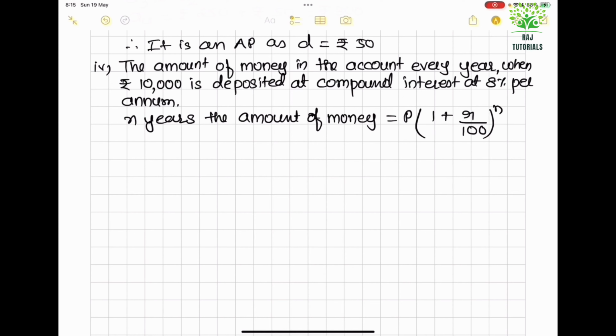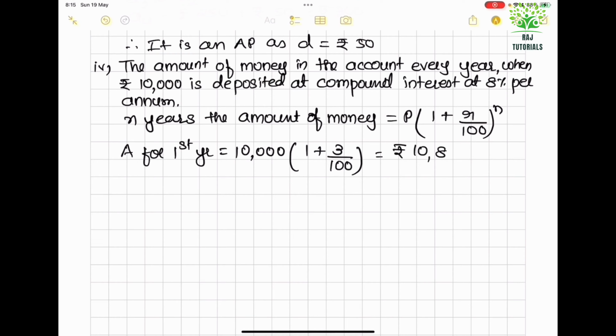This is the general formula to find amount. Now, see, amount for the first year will be 10,000 into (1 plus 8 upon 100). So that will come to 10,800.